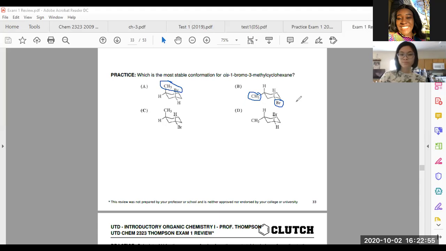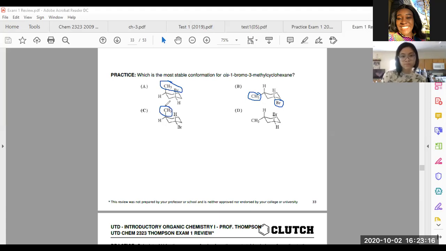So when it's like that, they're both dashed. So when it's coming up like this, they're both on a wedge. But here in B, they're both dashed, and you don't want that. You want one on a dash, one on a wedge. So that's what we have here.